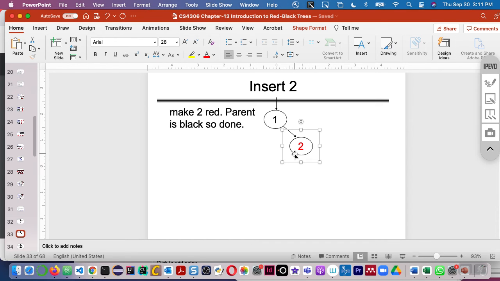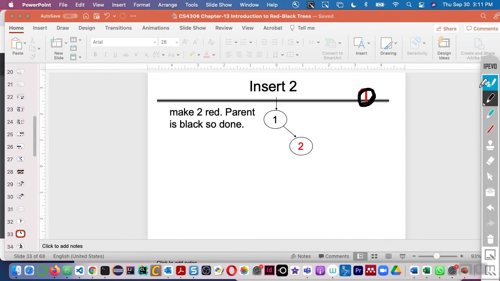Every node has, for instance, I could show you this way, a black leaf, and another black leaf, and another black leaf.